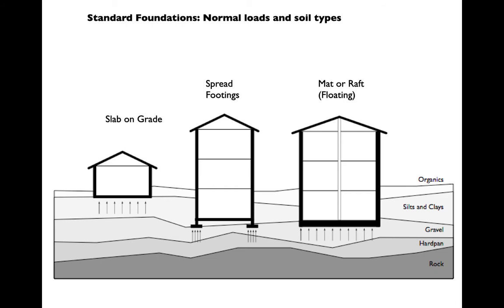We might scrape off some of the really loose soil. We might try to find soil that's a little bit more compact, something that's more like a clay. But a single story building, we can usually get away with what's called a slab on grade, right? Just simply scraping off the top layer of soil, pouring a concrete pad, leveling it out, and then putting our building on top of that.